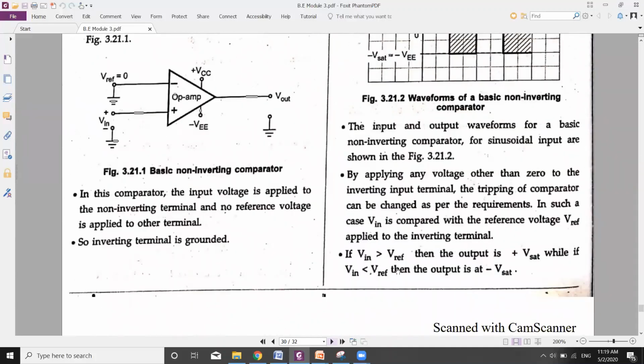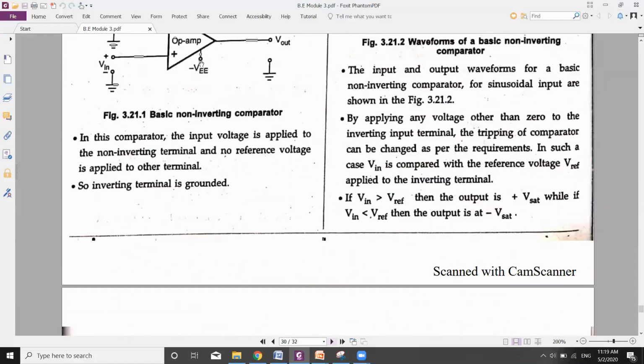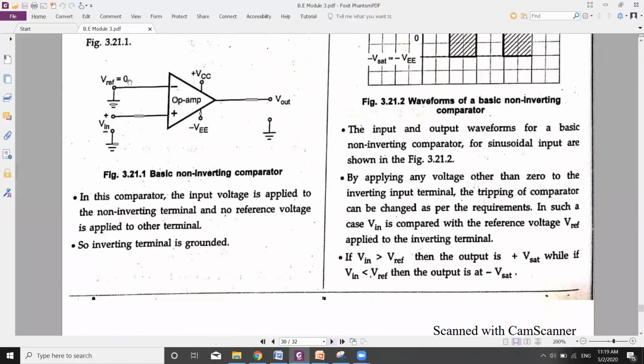In the first case we have considered the reference voltage as 0. You can see in the circuit diagram we have taken the reference as 0. We can also give a reference voltage other than 0, whatever is required. By applying any voltage other than 0 to the inverting input terminal, the tripping point of the comparator can be changed as per the requirements.